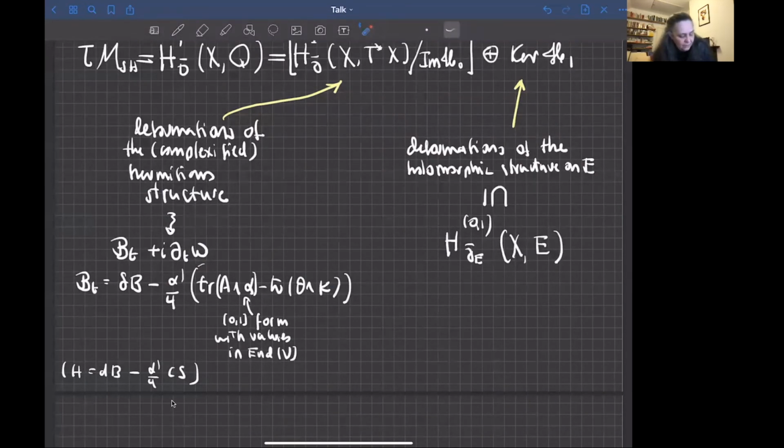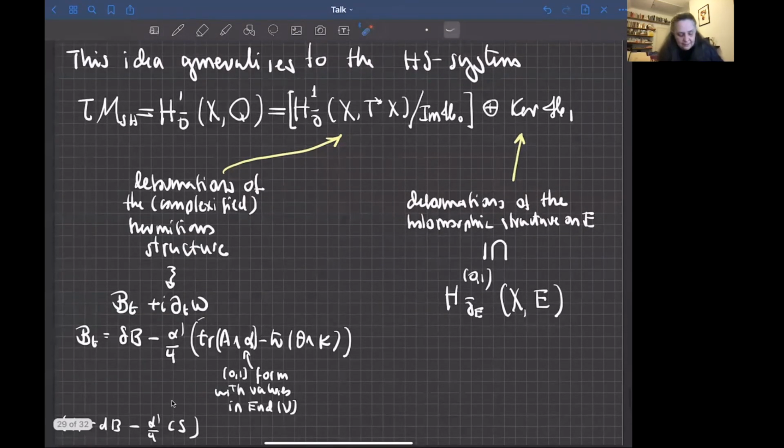So these are one forms with values in the endomorphisms of the bundle, and something analogous for kappa here. One can check that this is consistent, if you try to vary this by hand, with what I'm writing here. So that's what you find, and that's very nice.